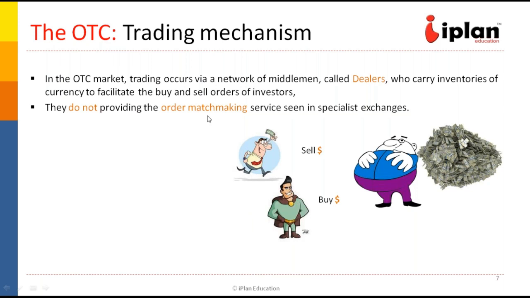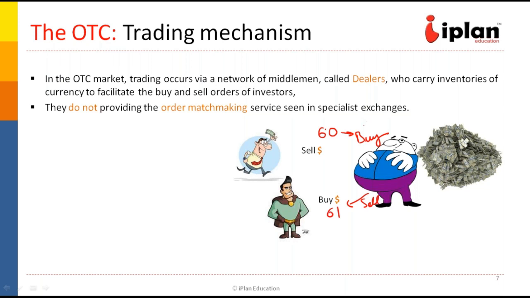So what happens is, let's suppose this guy is interested in selling. So he says, I want to sell dollars, and the bank says, I will buy it for 60. So the bank buys for 60. And then this guy says, I want to buy dollars. So the bank says, okay, fine, I will sell, and now sell at 61.